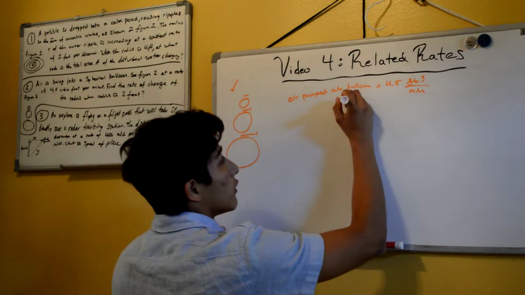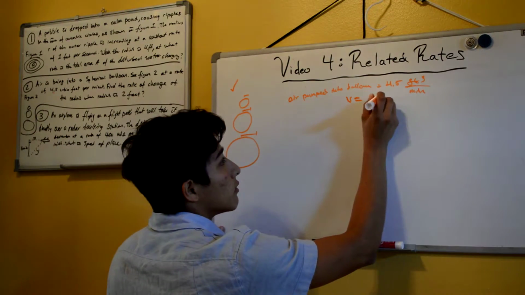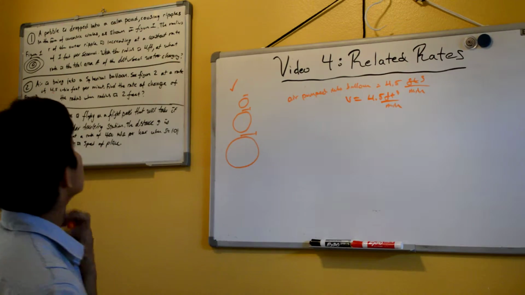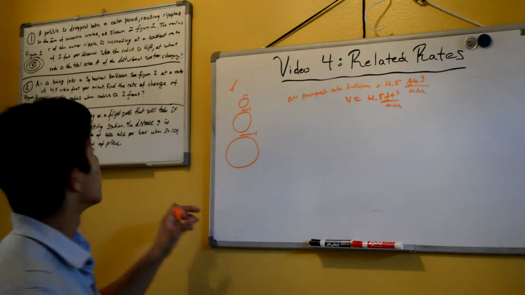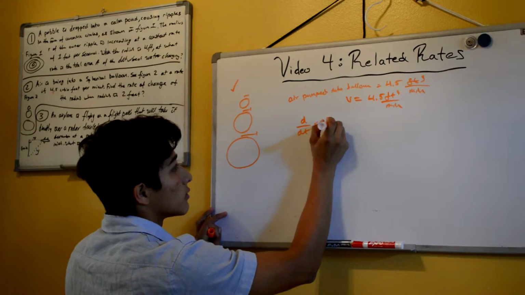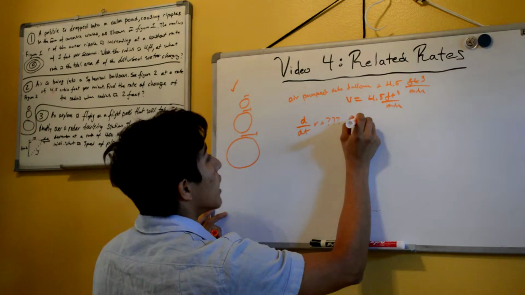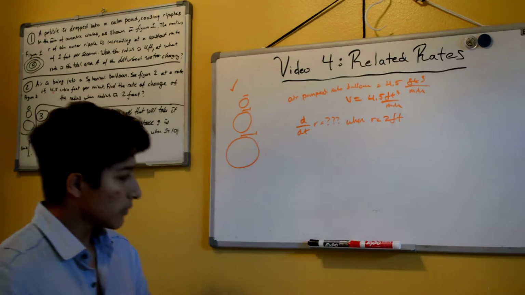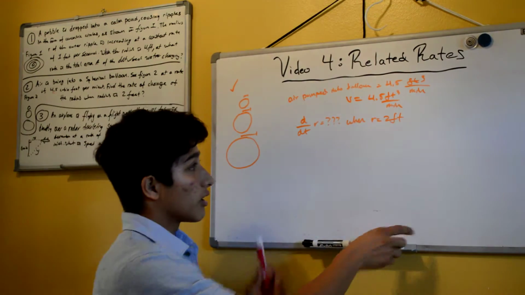That's the same thing as volume. Our next given: find the rate of change of the radius. So we want to find the rate of change of radius when the radius is 2 feet.